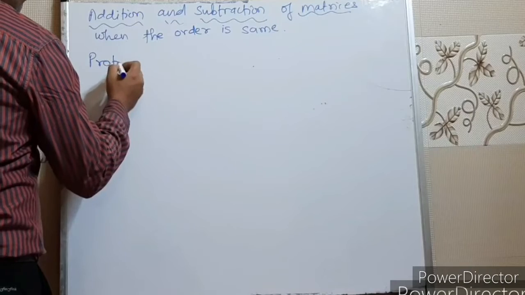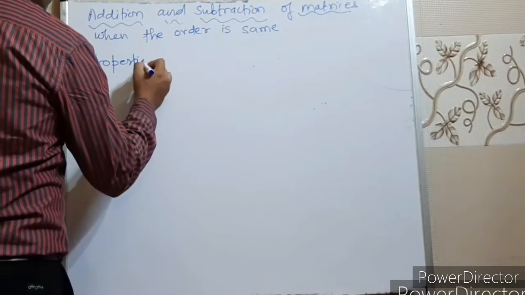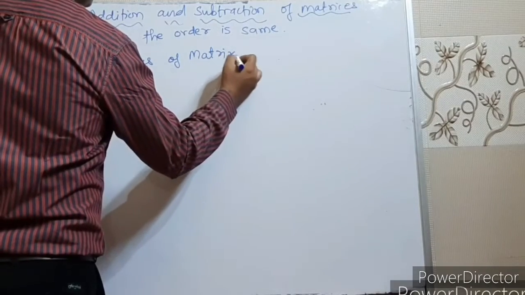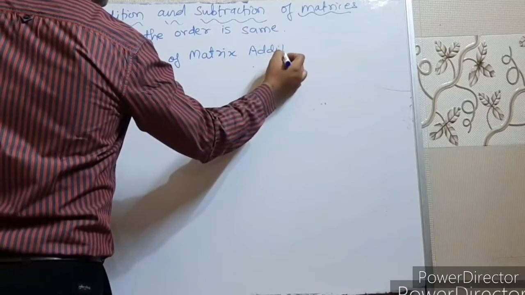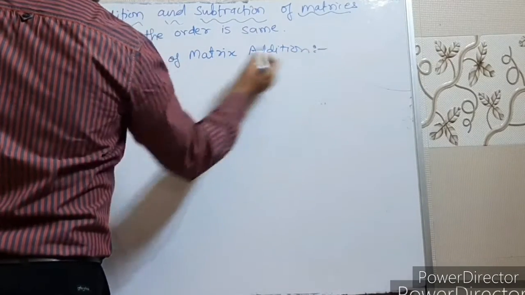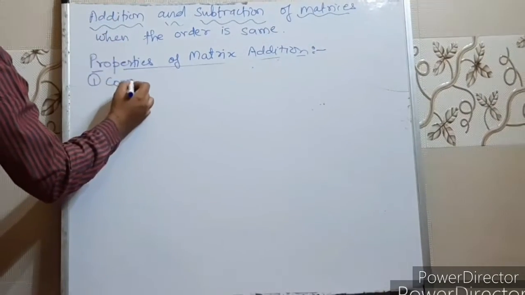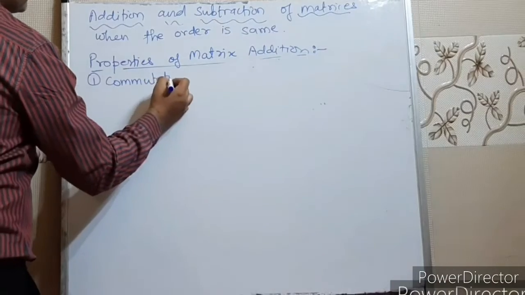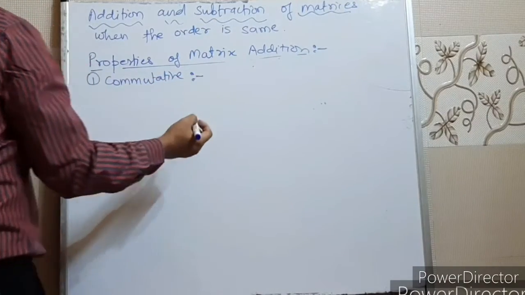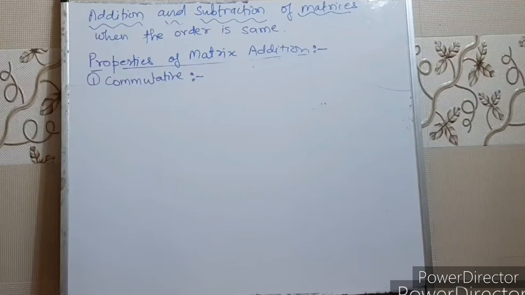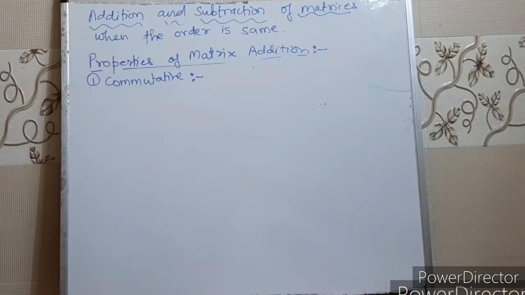Now we study the properties of matrix addition. First property is commutative. What is the commutative property? 2 plus 3 is equal to 3 plus 2. That means if we change the places, the result will not change.